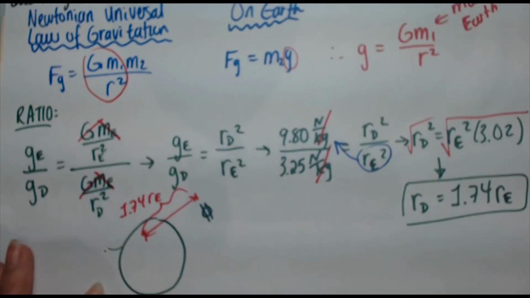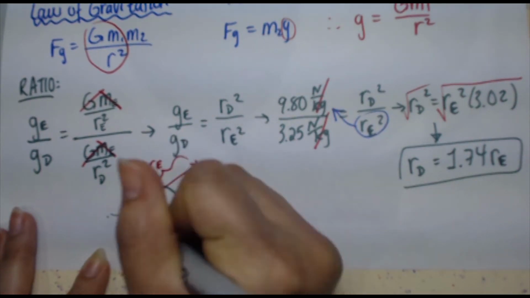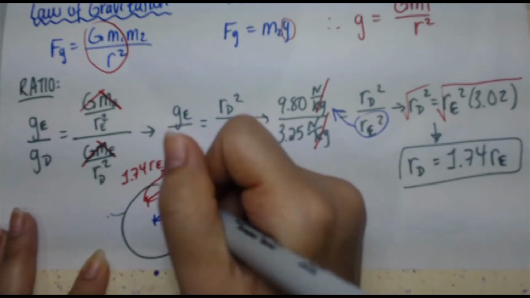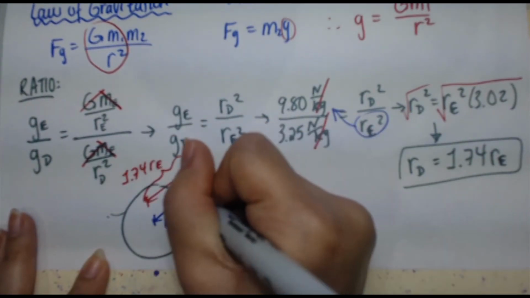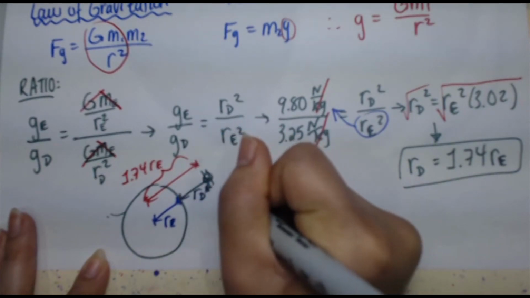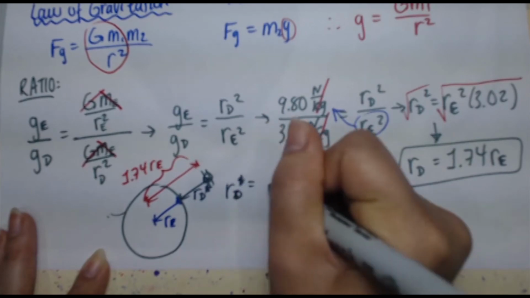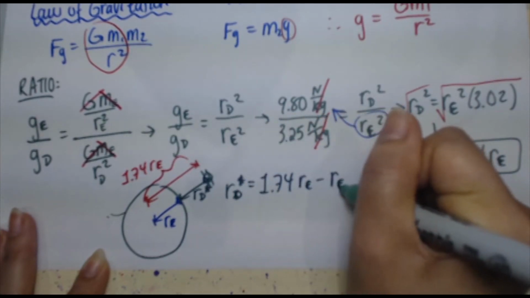But you also know that this distance in here is just re. So to find the difference, this distance here, well, this is rd now, right? This is the new rd. Okay, the distance above Earth's surface is simply 1.74 re minus re.